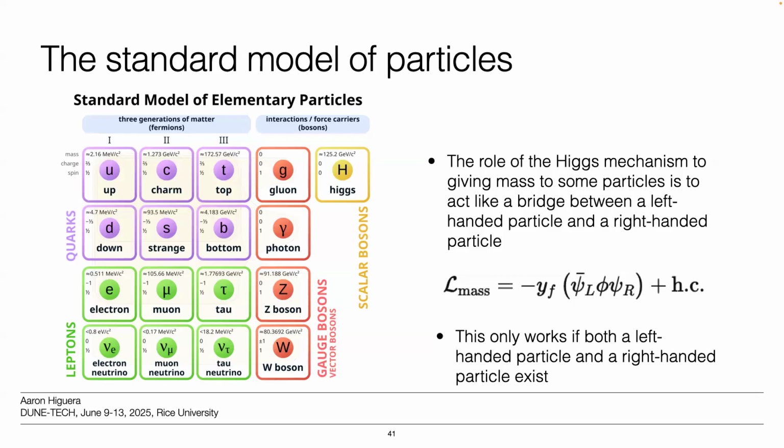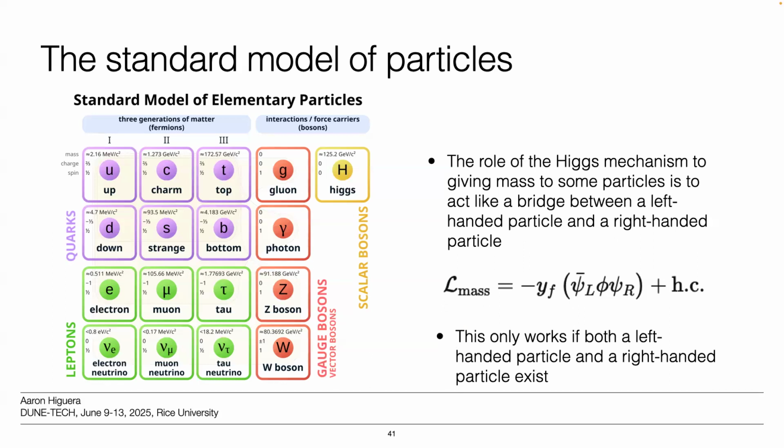When this interaction happens, there is a mass Lagrangian, or a function about the masses, and this is how the particles get their mass. For instance, if you're going to get the mass of an electron, within the standard model framework, you must have a left-handed electron and a right-handed electron, so that this mechanism will work. And this is how the particles get their mass.